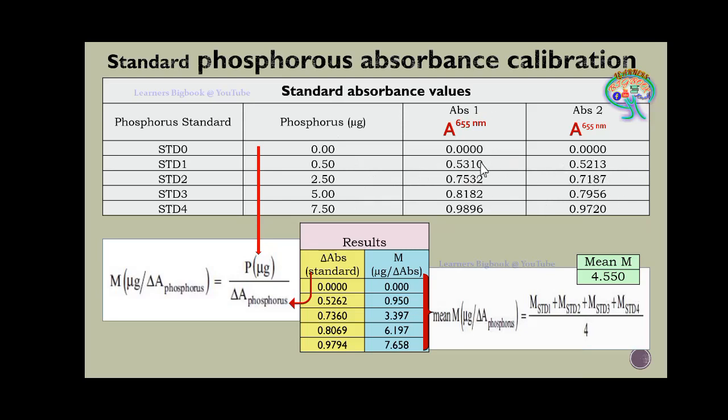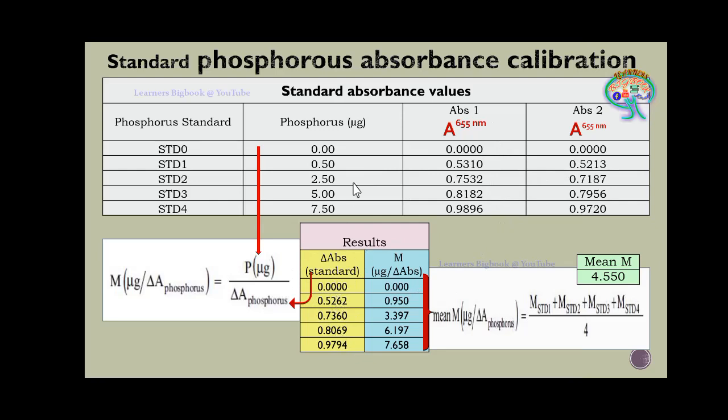After recording the absorbances, these both absorbances will be summed and averaged, that is added and divided by 2. Whatever result we get from that calculation will be taken here.